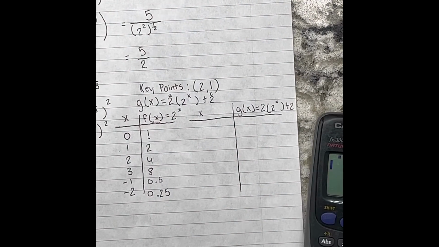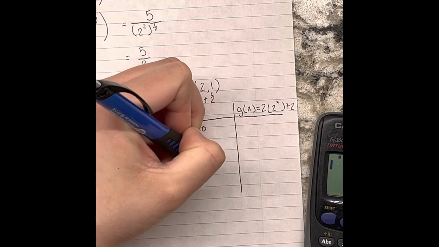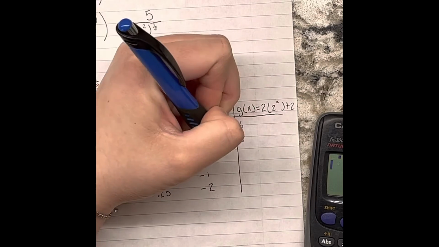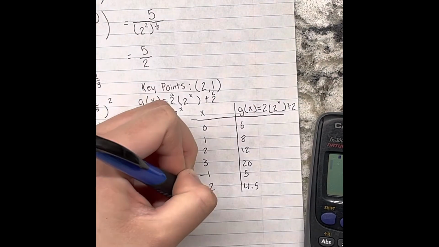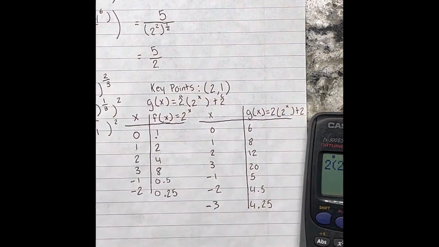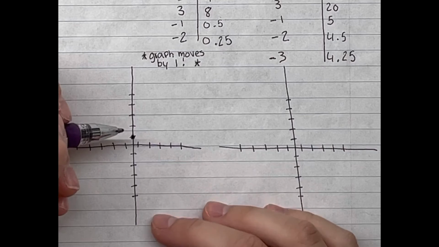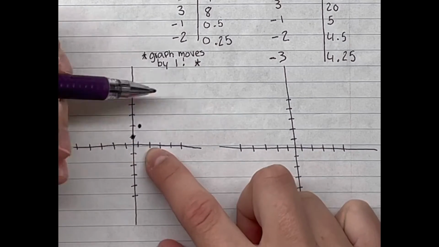So now we are taking our g of x formula, and we are also plugging in values on the x-axis. We can have this formula set up in our calculator and just changing the x value each time. So now we're plotting our original graph, and the graph moves by 1.